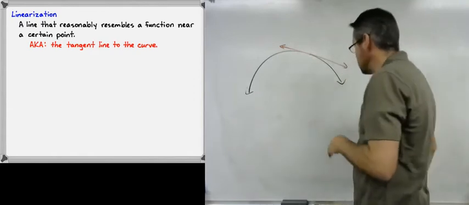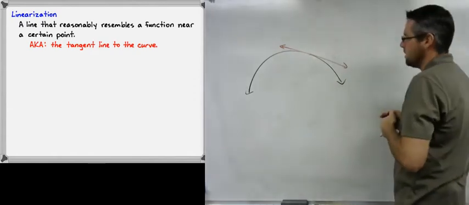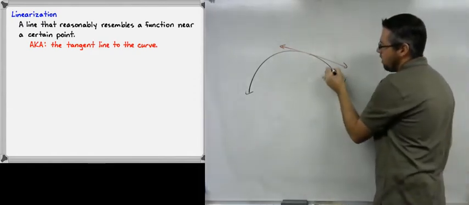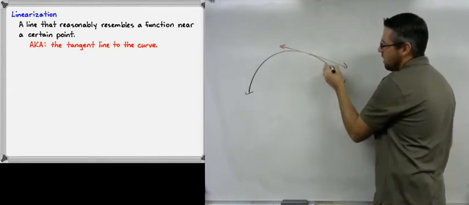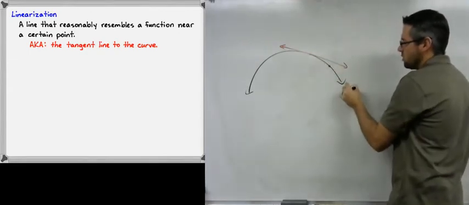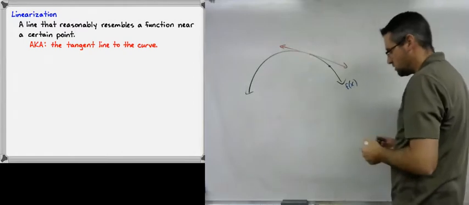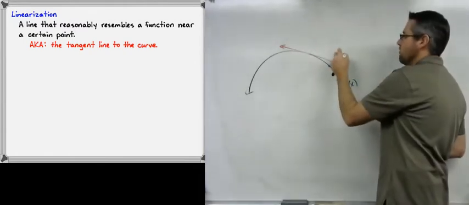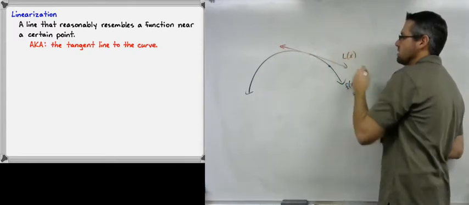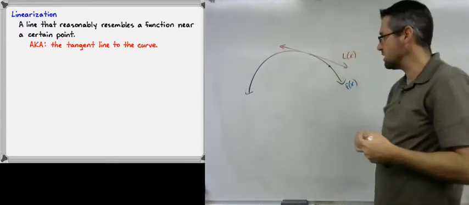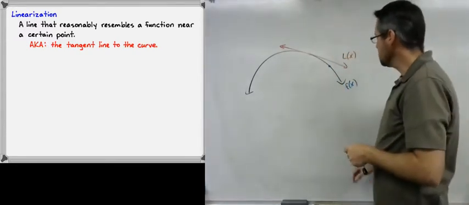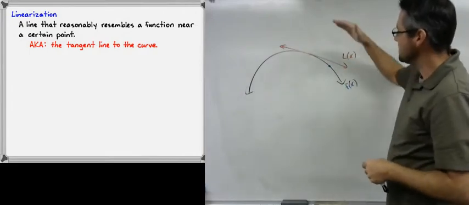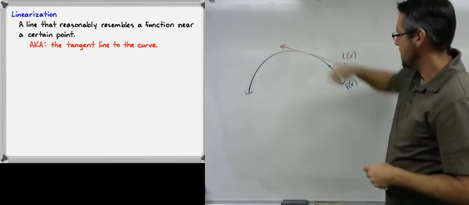And so to explain what's going on here, let's say I wanted the value of the curve at this point. So I'll call this curve f of x. Okay, this curve is f of x. And the tangent line we're going to refer to as L of x, the linearization. The tangent line is just the linearization. That's all it means. So f of x is the curve. L of x is the tangent line at that point of tangency.